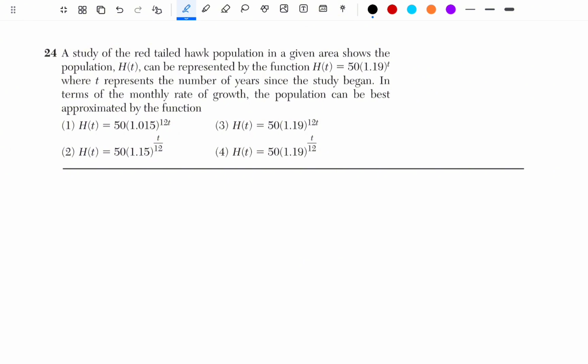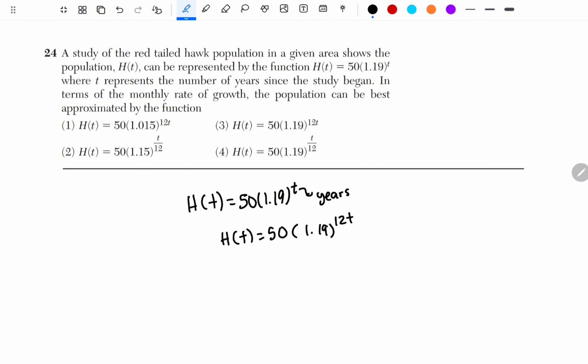So right now, the function H(t) equals 50 times 1.19^t is using t as years. And if I wanted to convert t into months, well, I know that I'm going to have to multiply by 12. So H(t) is going to be 50 times 1.19^(12t).